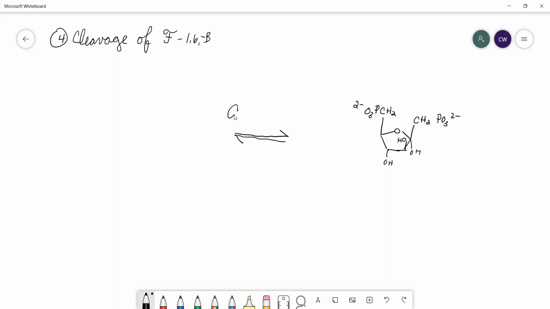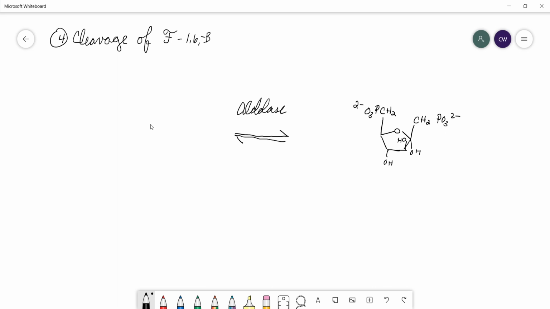And the enzyme responsible is aldolase. That's messy. Let me rewrite that. And so the aldolase enzyme will convert this fructose 1,6-bisphosphate into two different molecules.